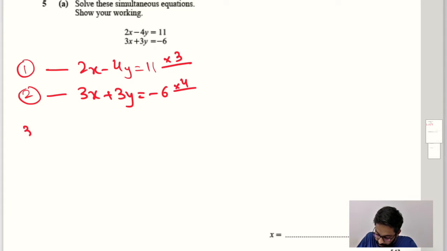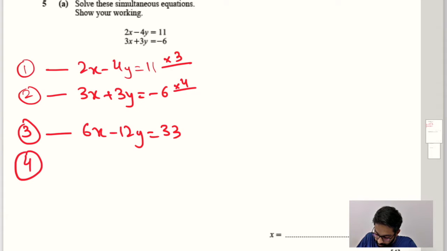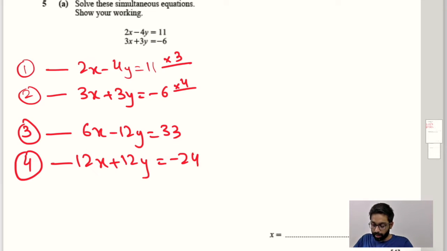When I multiply the first equation by 3, I get 6x minus 12y equals 33, and the second one I get is 12x plus 12y equals negative 24. Now, I can easily eliminate negative 12y here and positive 12y here.